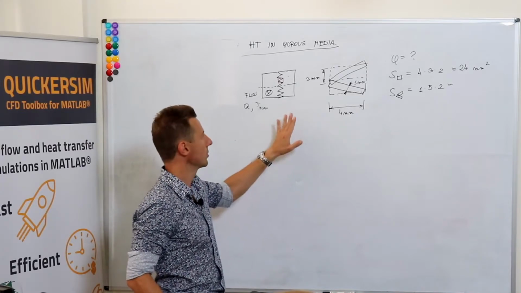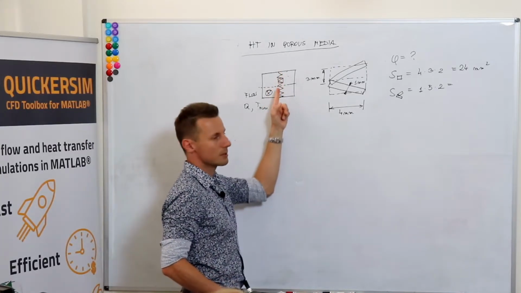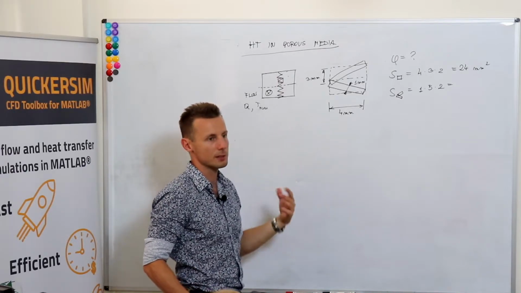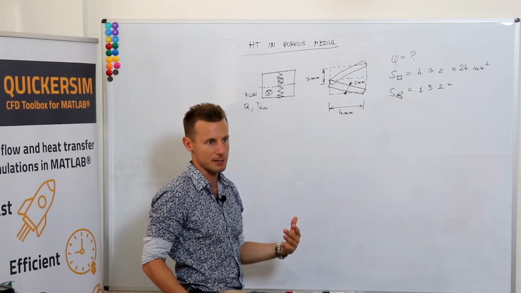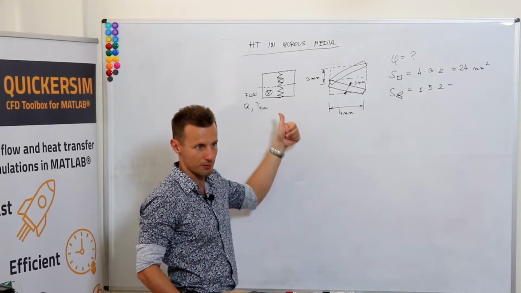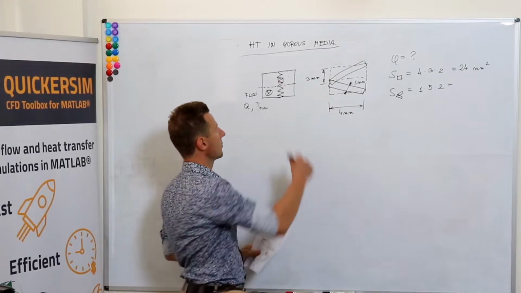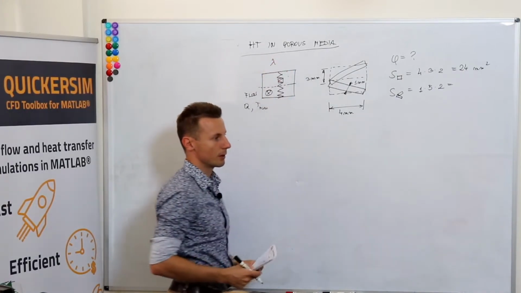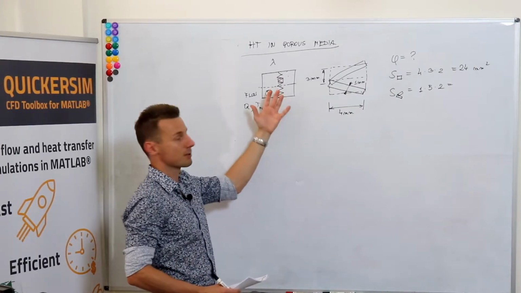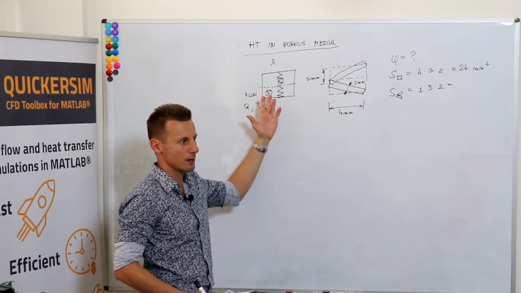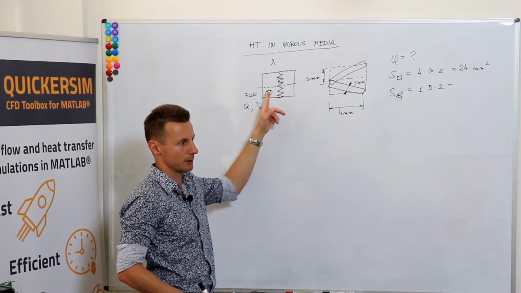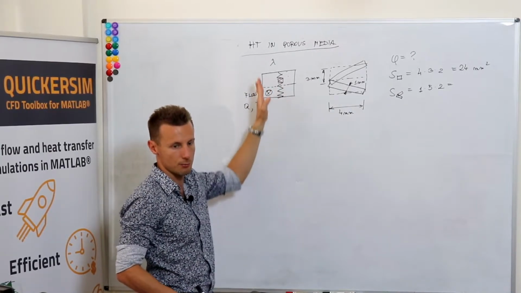So what we need to do is develop ways to calculate the resultant thermal conductivities in each direction for such a structure. That's the first step, because obviously lambda of the material is not the resultant lambda of such a porous medium. Additionally, this material will certainly have two different thermal conductivities in two different directions.